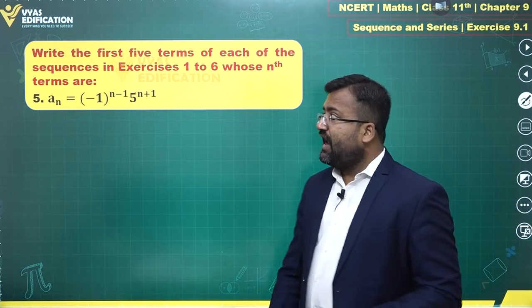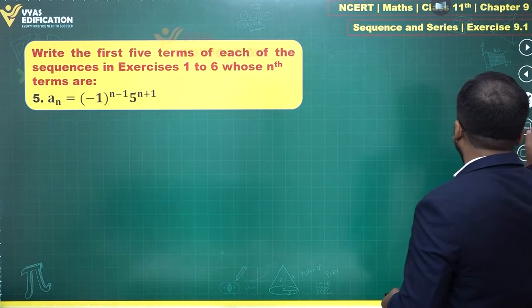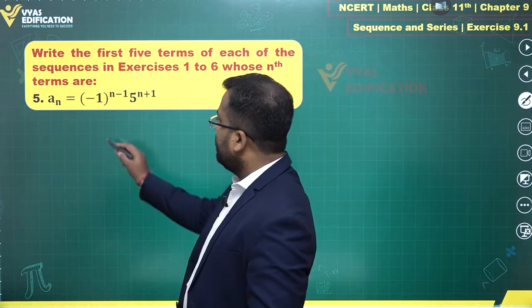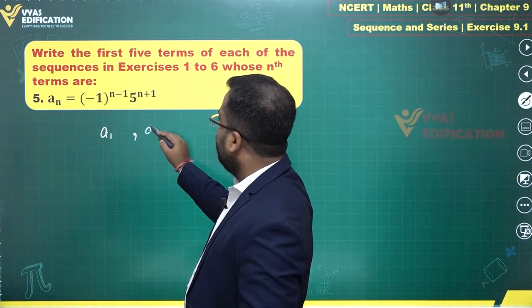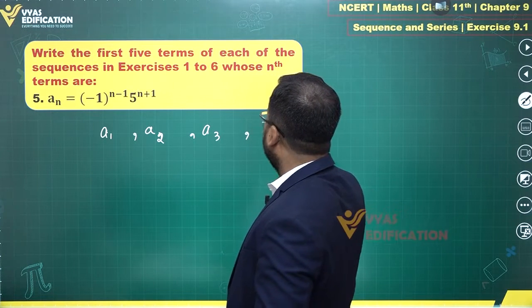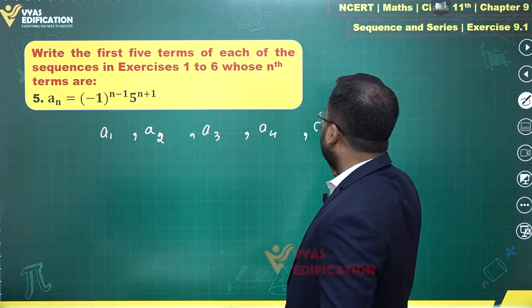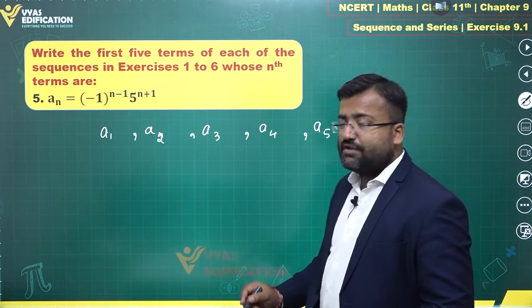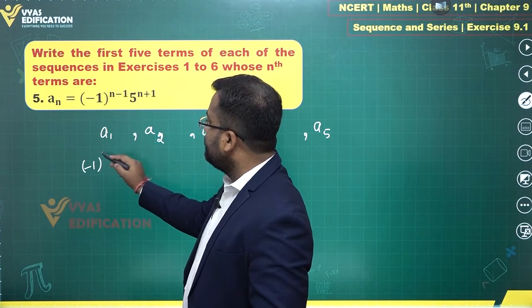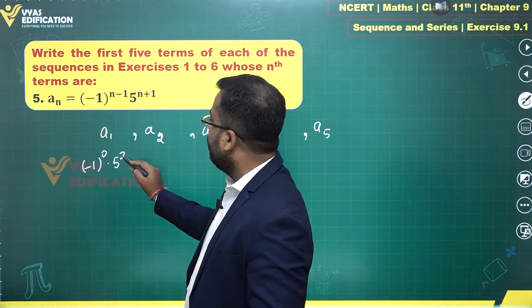In the fifth question we have AN equals minus 1 power n minus 1 into 5 power n plus 1. So A1, A2, A3, A4, A5. Let's focus on these terms. A1 will be minus 1 power 1 minus 1, 0, 5 power 2.